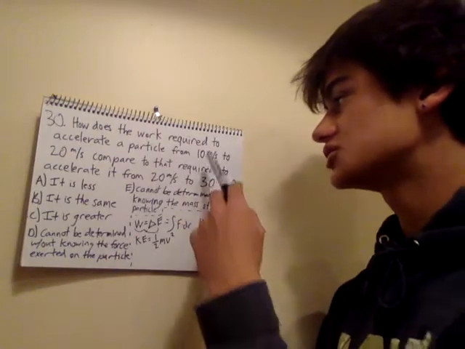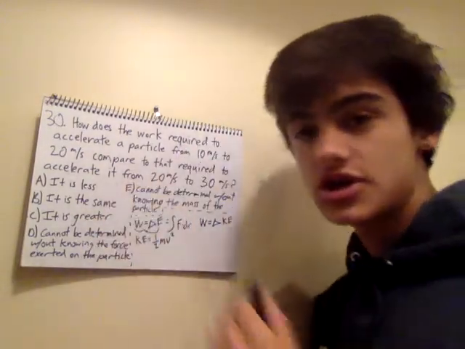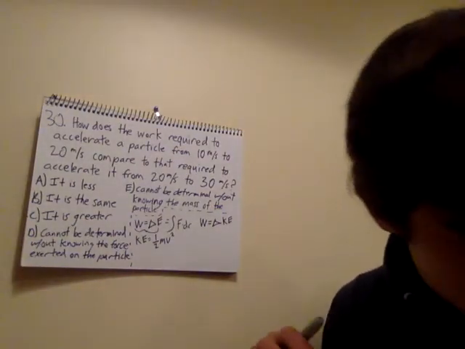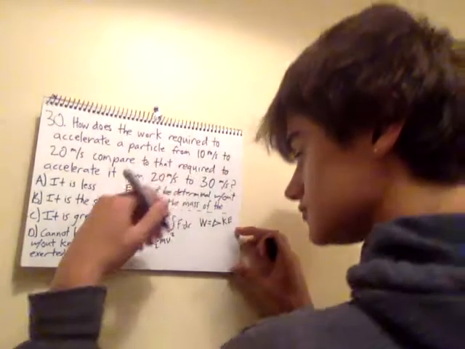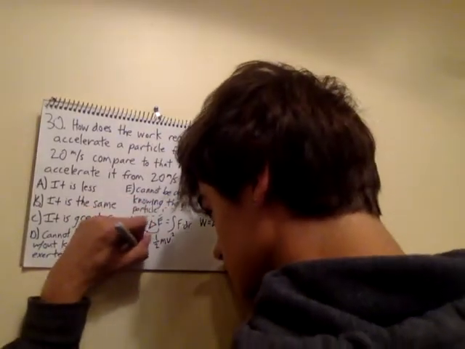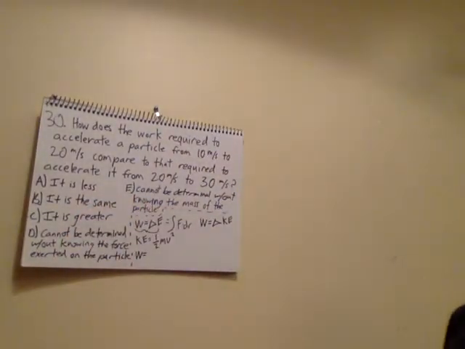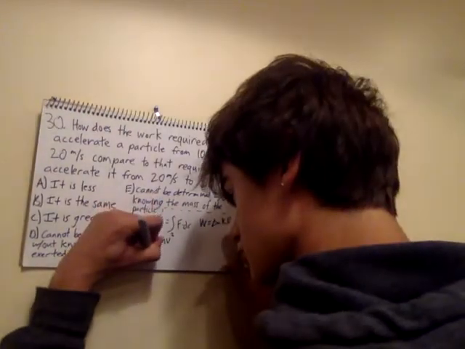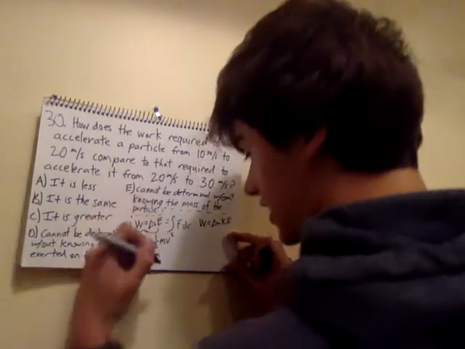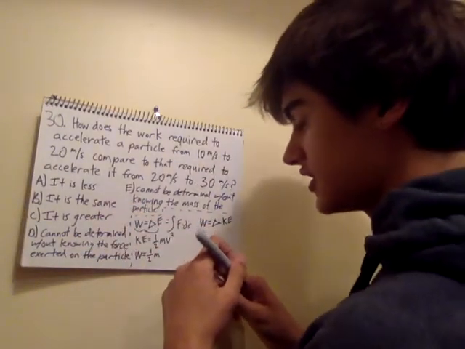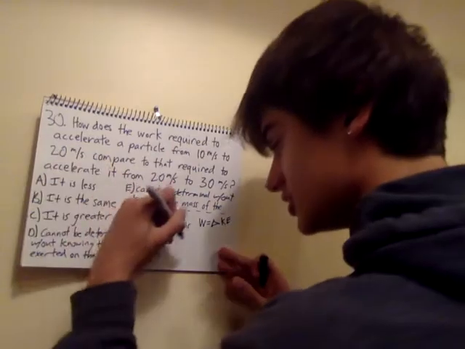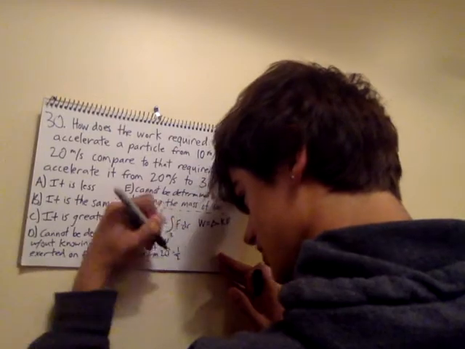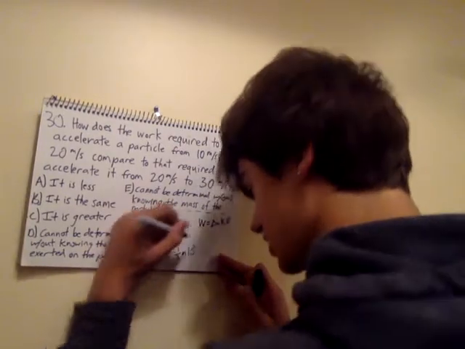So let's first solve for the change in kinetic energy from 10 meters per second to 20 meters per second. Work is equal to 1/2 m, and then we're going to subtract, so 20 is going to be our first v, so 20 squared, minus 1/2 m 10 squared.